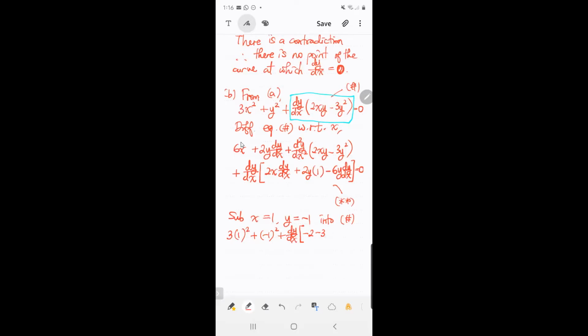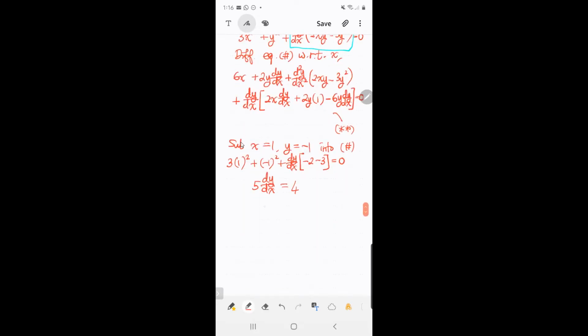So -2 minus 3, and this is equal to 0. You simplify the left hand side: 3 plus 1 gives 4, so 5 dy dx equals 4. Therefore, dy dx equals 4/5. That is the first answer.